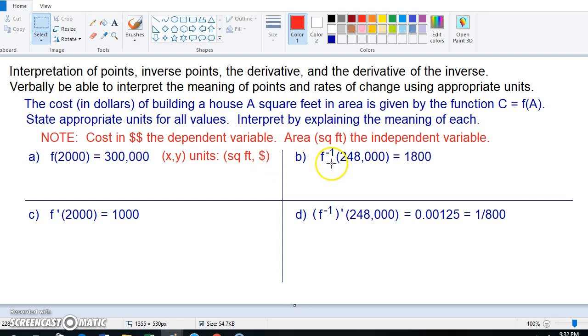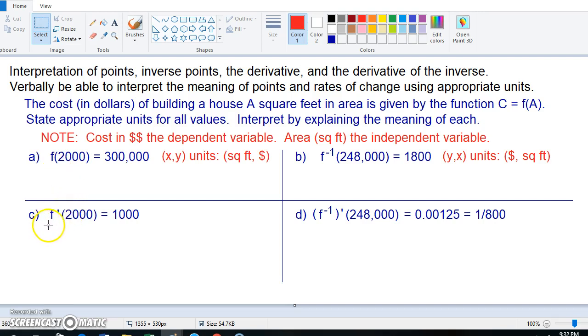Now remember, let's look at part B. If you think about an inverse, f inverse, well, that means we're swapping our x and y ordered pair. So this time, the 248,000, which is the input, is in dollars, and the 1,800, which is coming out, is in square feet.